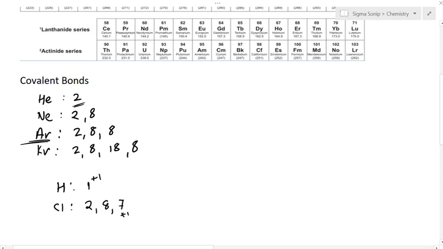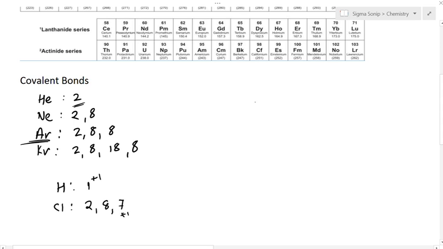Now when they combine, neither of them is willing to give up an electron. So the only option left for them to acquire an electron is to share electrons. When atoms share electrons, they count the electrons contributed by other atoms as their own, and that way they are able to have a noble gas electron configuration. How that happens? Let's take a look.